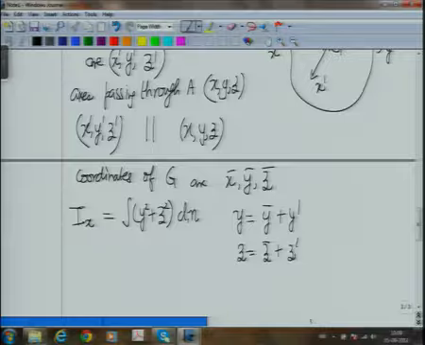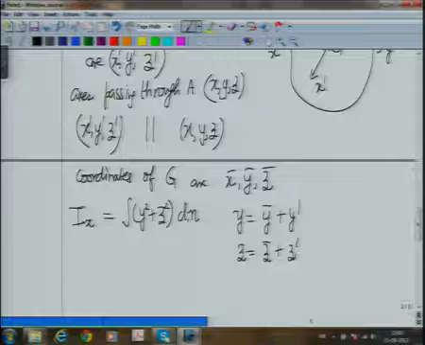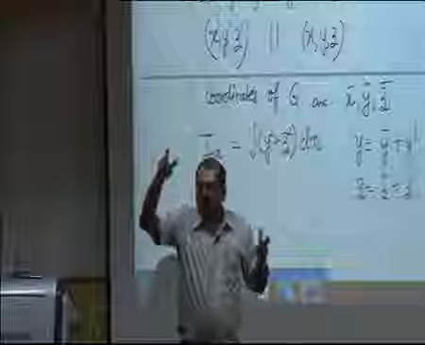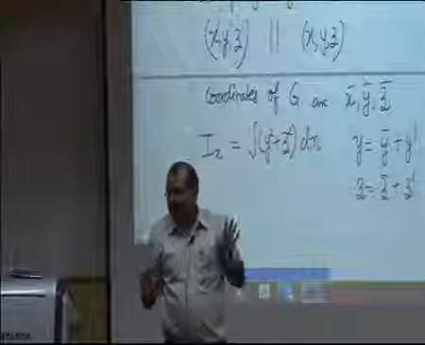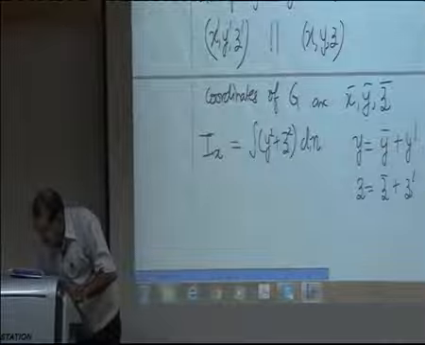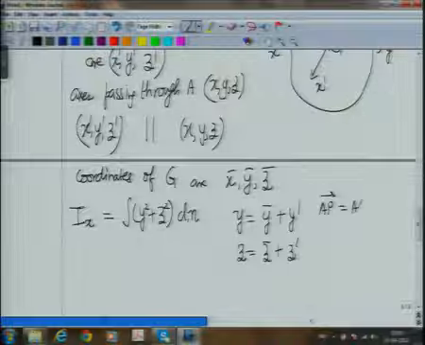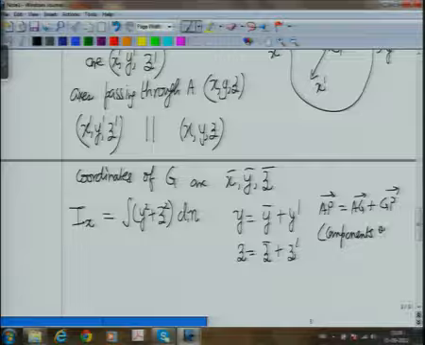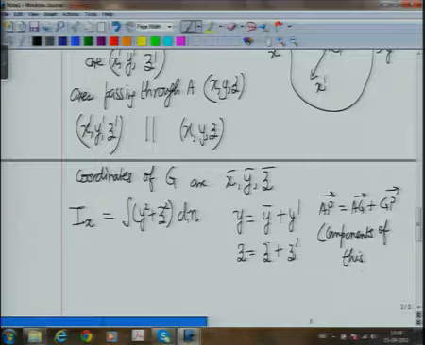So the vector AP is equal to the vector AG plus GP, and I am looking at the components of this.